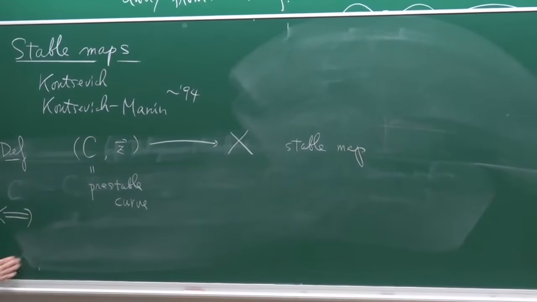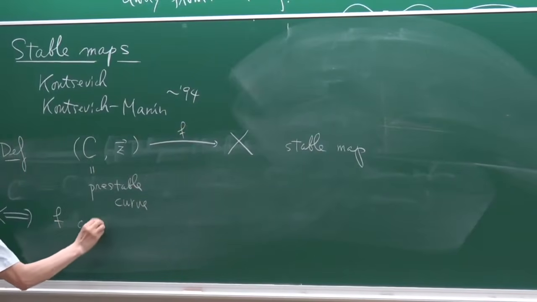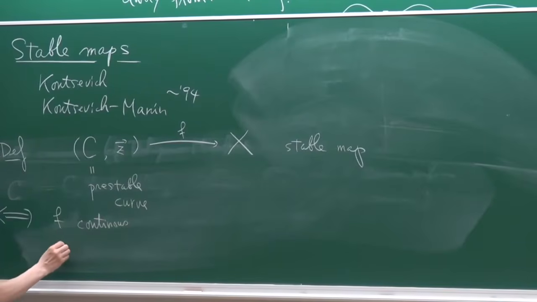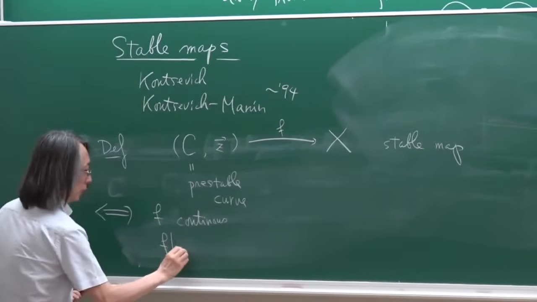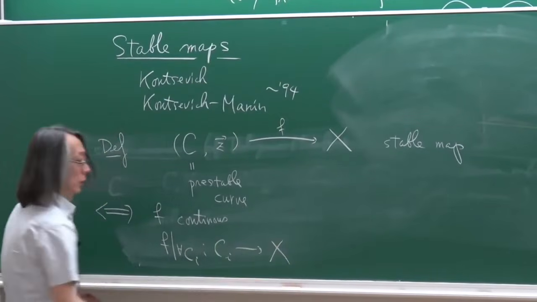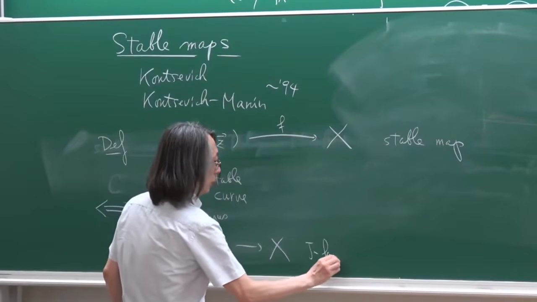So first of all, it is a continuous map. So let F be a continuous map. And then if you restrict F to each component, this is actually a J-holomorphic curve.